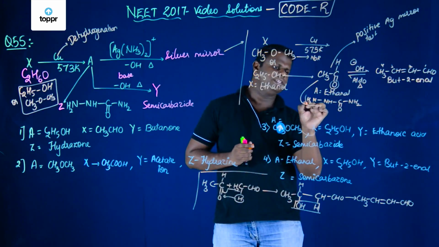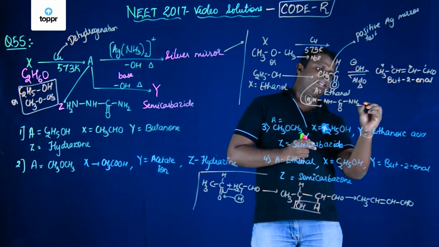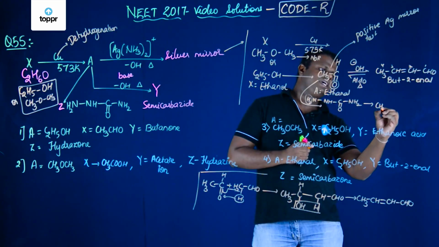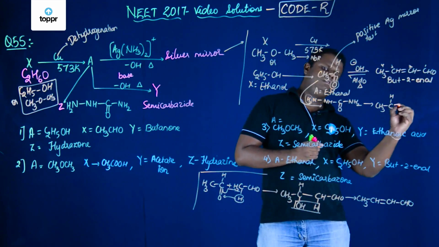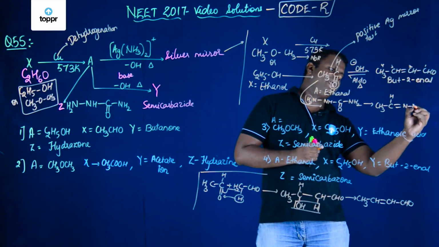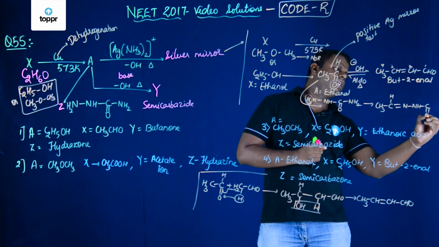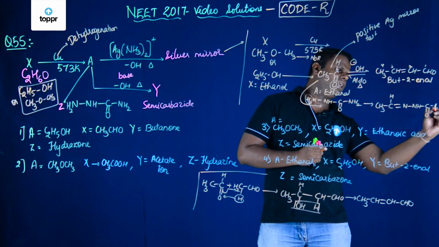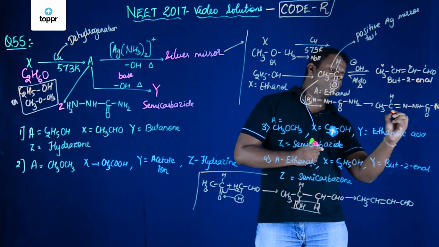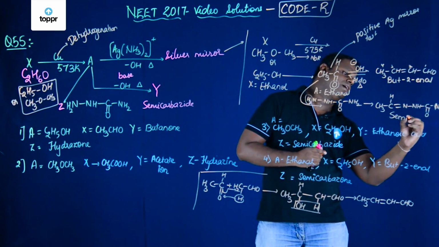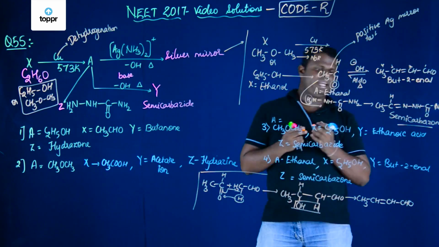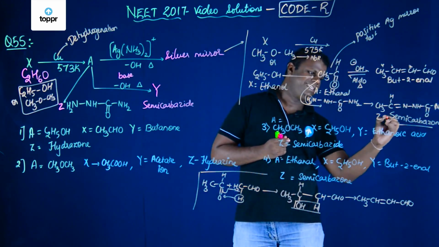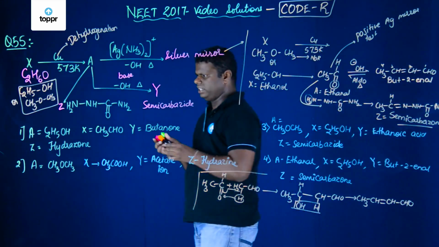This O and this H2 go out in the form of water, and then you will be left with CH3CH=CH-CH=N-NH-CO-NH2, right? The name of this compound is semicarbazone. So this is nothing but Z. You might have already got the answer.